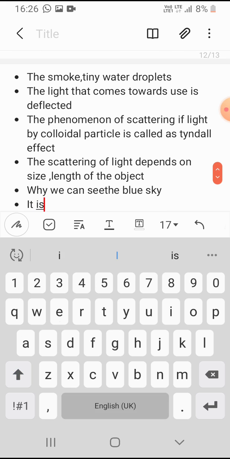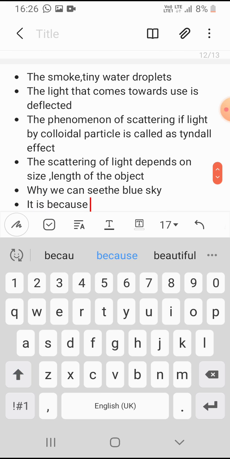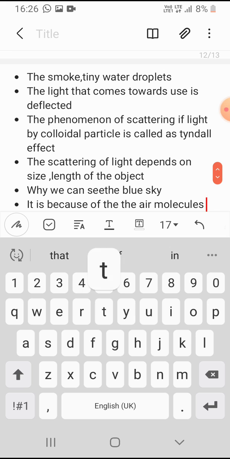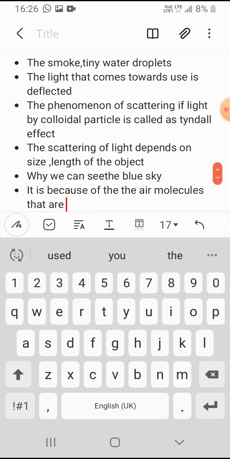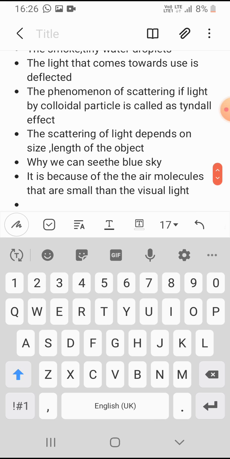It is because of air molecules that are smaller than the wavelength of visible light.